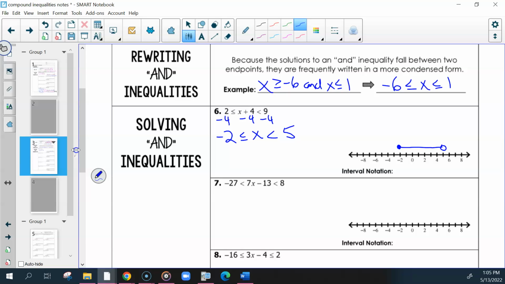So when we write our interval notation, -2 would have the bracket, and 5 would have the parenthesis. What's the other difference? In our inequality answer, this doesn't have an equals. So it's open, so then it's parentheses.